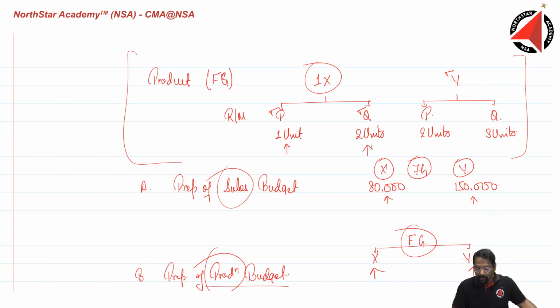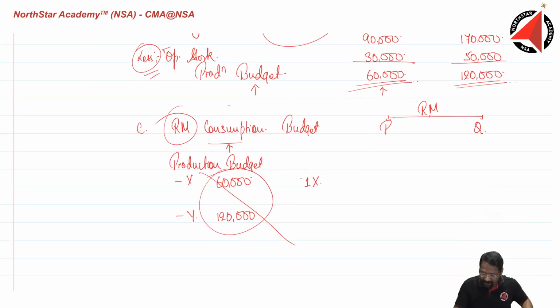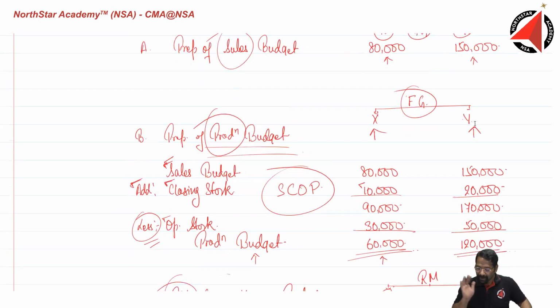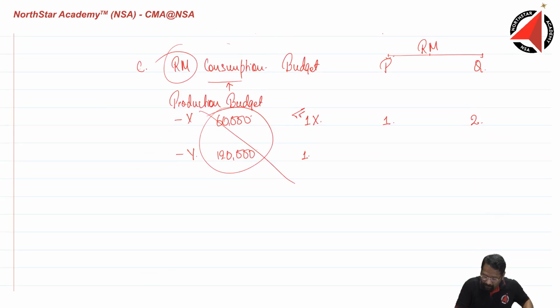Similarly, to make 1 unit of Y, I need 2 units of P and 3 units of Q. Do you agree?